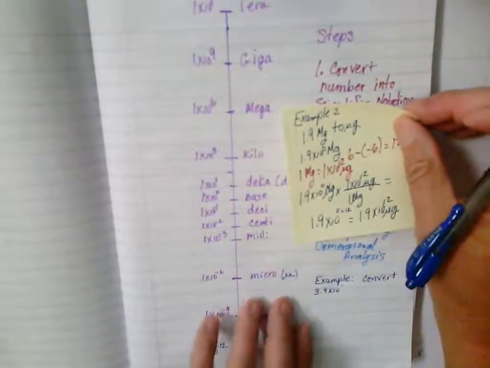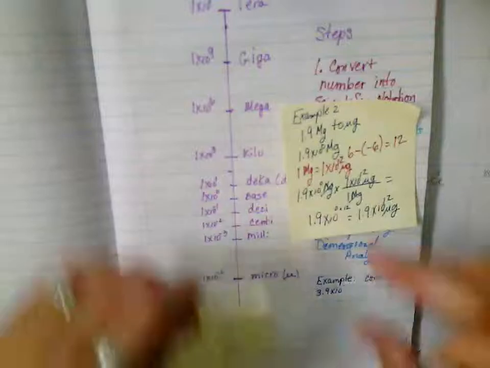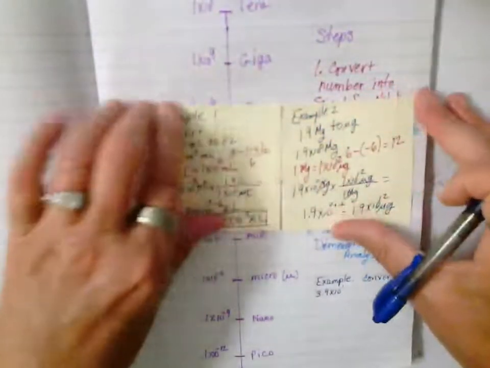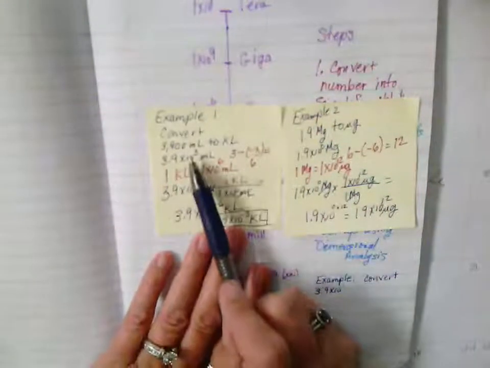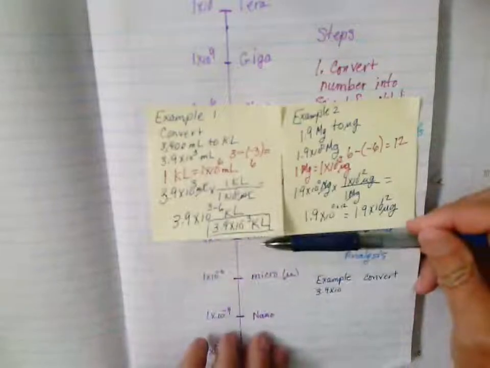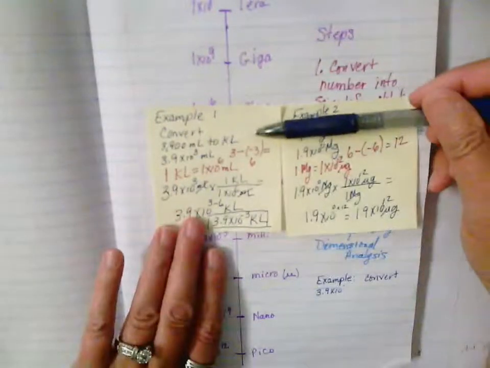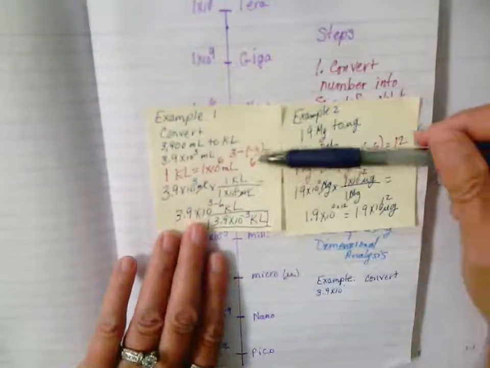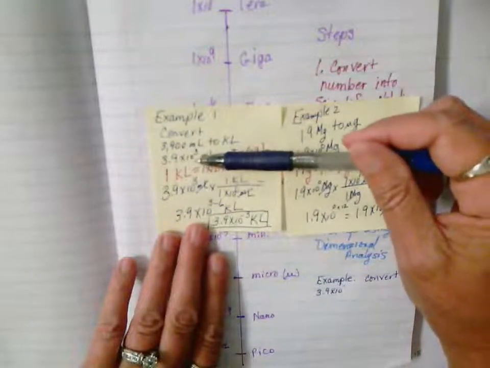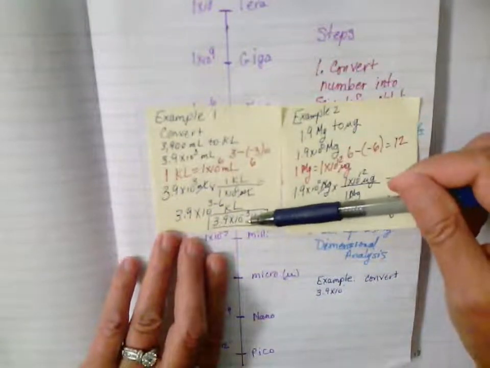So let's look at our two examples side by side. In example 1, we went from a small unit, millis down here, to a big unit, kilos up here, and our number went from being fairly big to fairly small.